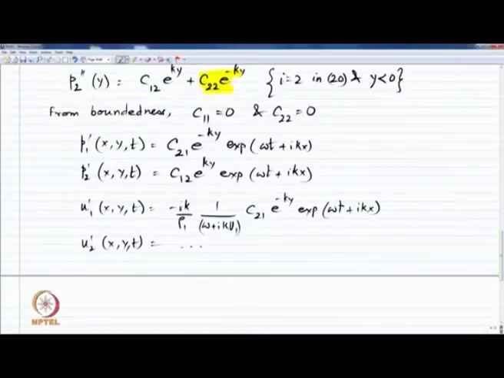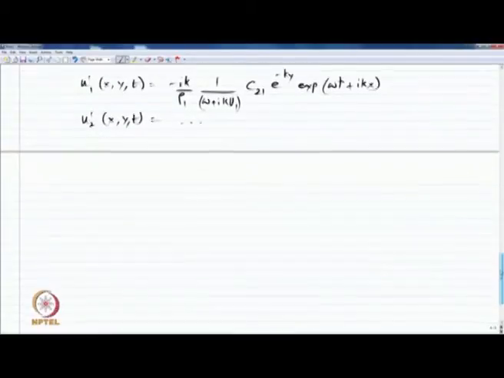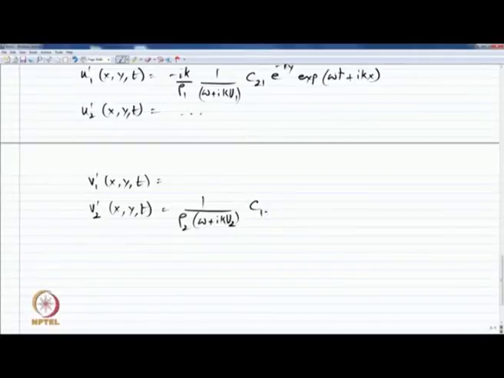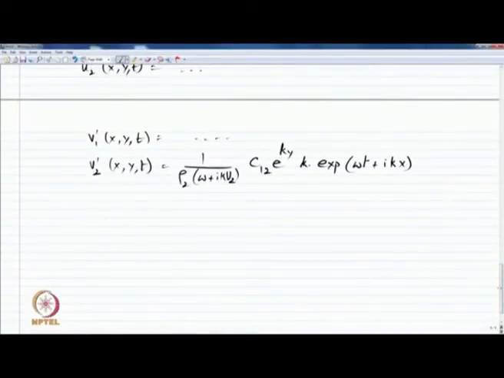So, now that we have u 1 and V 1, let us also write down V 1 double prime, and V 1 prime would be analogous.